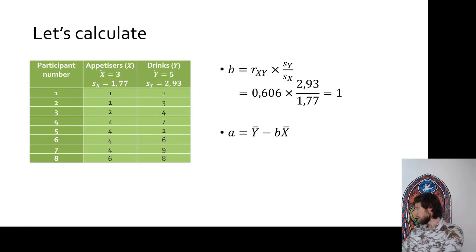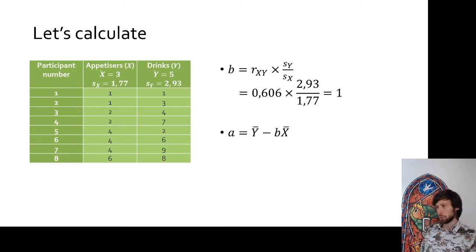Next, there is the intercept. And one straightforward method to calculate the intercept is to take the mean of the dependent variable, the mean of drinks, and then to subtract b times the mean of x. The logic behind this formula is even simpler, but because I've already left the first one in the bonus section, we're going to leave this one in the bonus section as well.